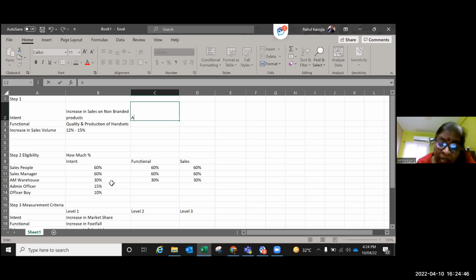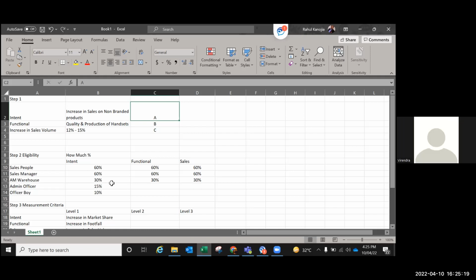If you have achieved only A plus B, you are only getting 120%. So you are fixing that if you have achieved this much, you will get this much variable. High achievement gets high, medium gets medium. It's like building up a rating scale, 1, 2, 3, 4, 5. So here you can create level 1, level 2, level 3, where level 1 can be your highest and level 3 your lowest, or the other way around, in descending or ascending order. Are you getting it?